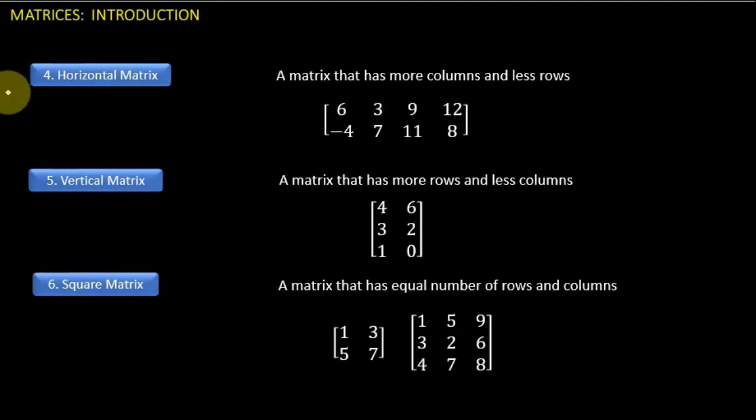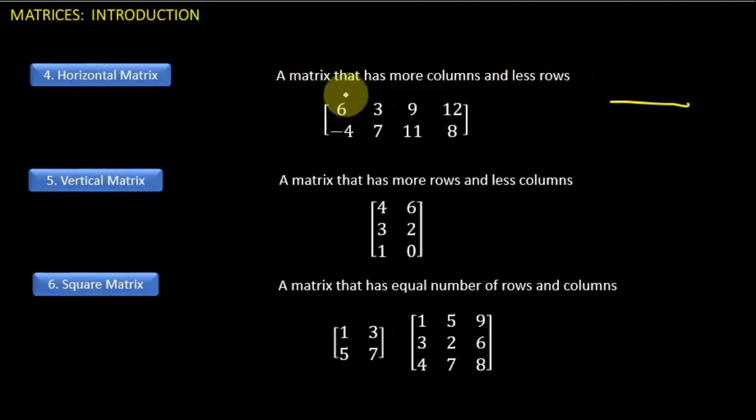The next type is the horizontal matrix. The name itself suggests it. Horizontal means horizontal line. Horizontal lines will be like this. So the matrix which looks like this horizontal line is a horizontal matrix. If you observe here, a matrix that has more columns and fewer rows.